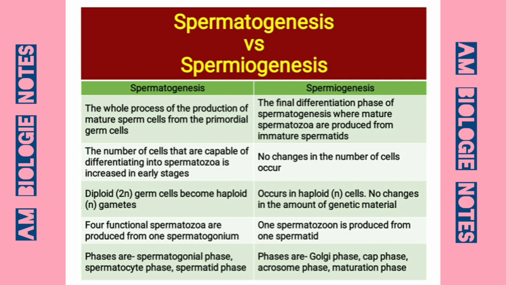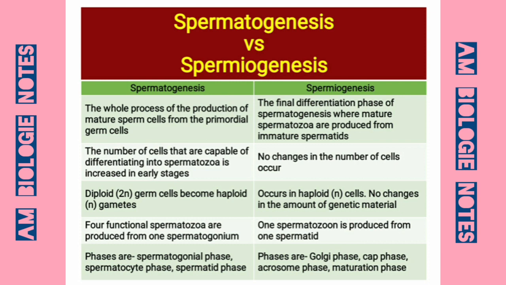In spermatogenesis, the number of cells that are capable of differentiating into spermatozoa is increased in the early stages. In spermiogenesis, no change in the number of cells occurs. In spermatogenesis, diploid germ cells become haploid gametes.